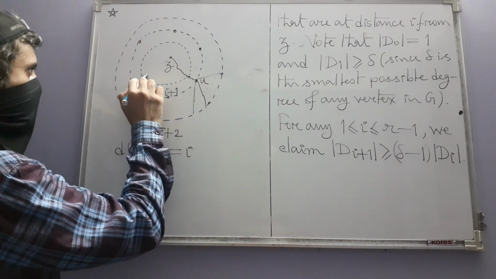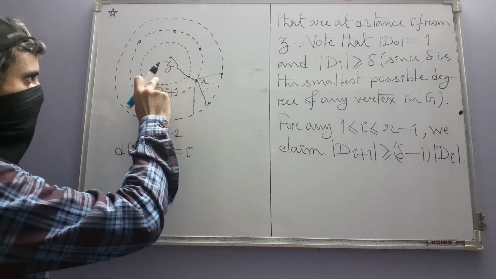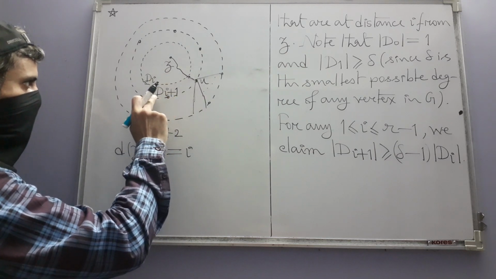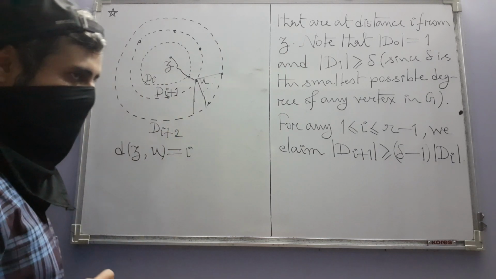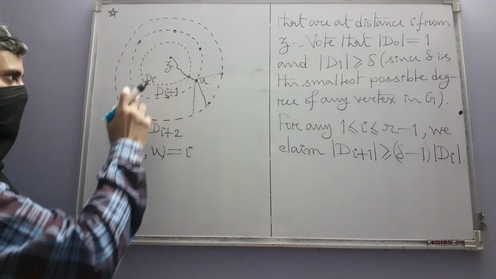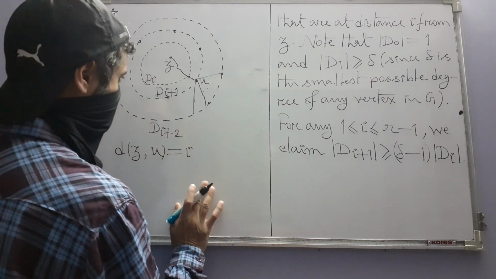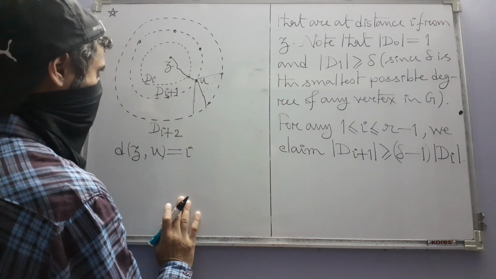So this is the ith level. There is no harm in calling this one d_{i-1}, this one d_i, and this one d_{i+1}, but for some psychological reason I am a little uncomfortable with i minus 1. So this is d_{i+1} and d_{i+2}.